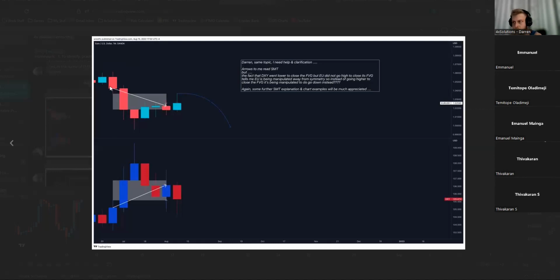If he is looking at this candle over here, Temetope, what is this that he's attached this white line to? Is this the open or the closing price of this candle? If it's a down candle, that will be the closing point. So if he is looking at the closing price over here, he's attached his line correctly.